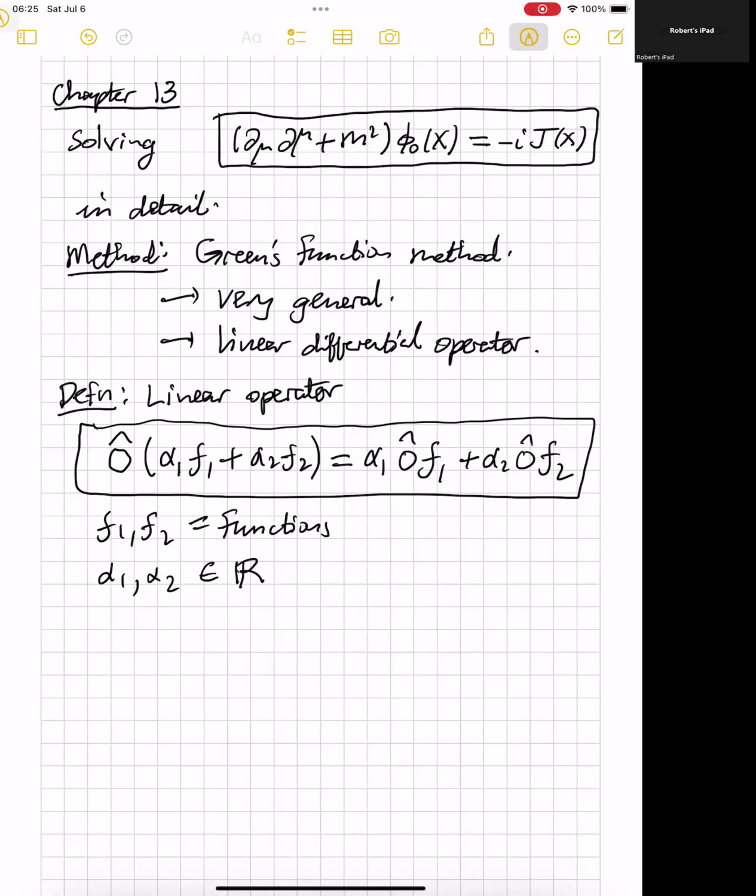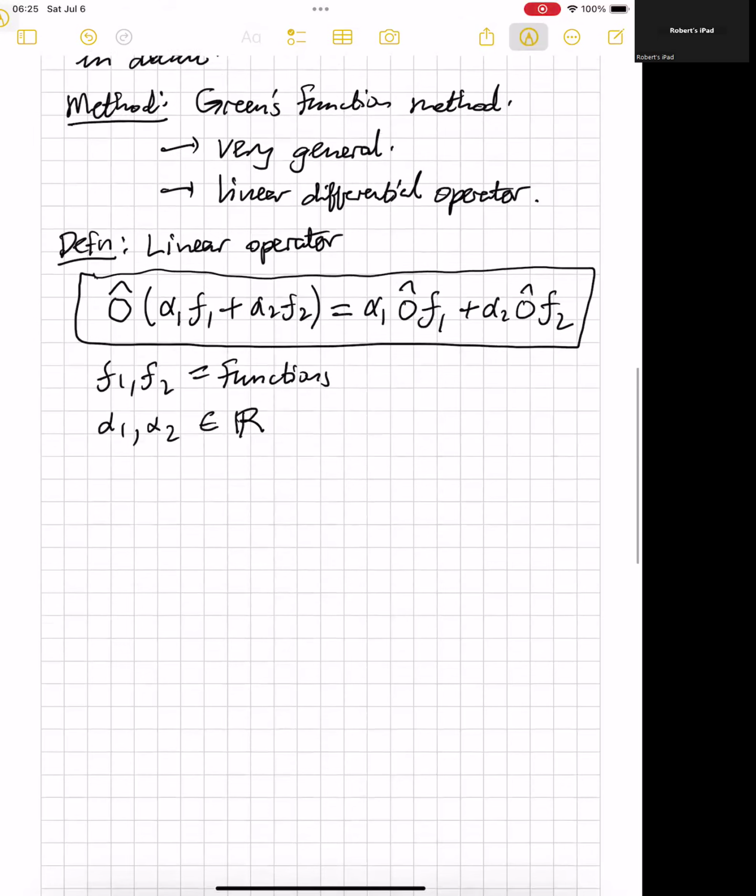Okay, so let's start. I want to consider a few examples. Let me first look at an example of an Ô that is a linear operator, and then we'll look at an Ô that is not a linear operator.